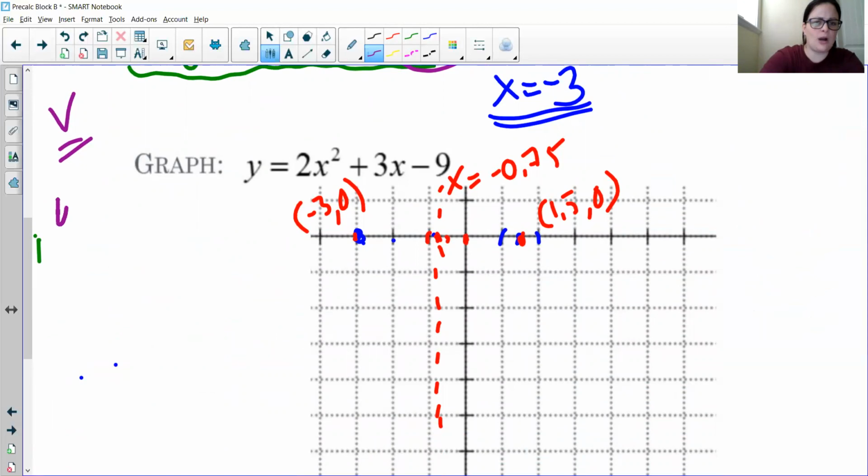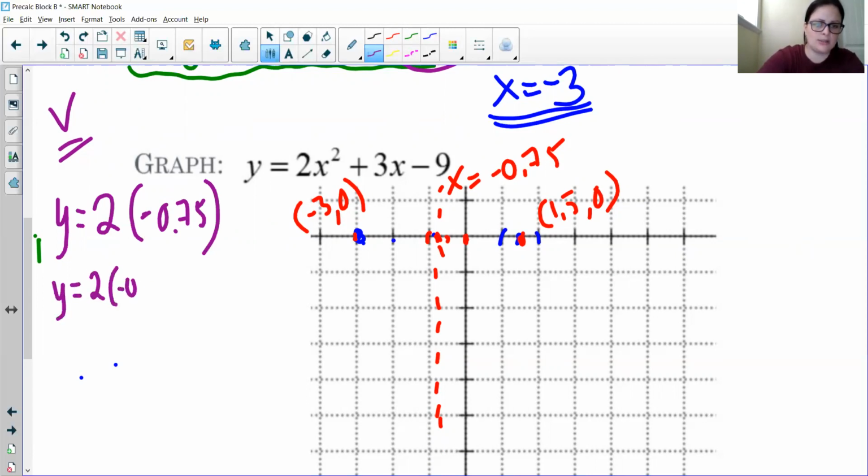So we're trying to find what y equals when x is negative 0.75, which is also the same thing as negative 3/4. If you feel more comfortable with decimals, you can work in decimals. That's fine. I'm just going to rewrite this down here in smaller because I need to.